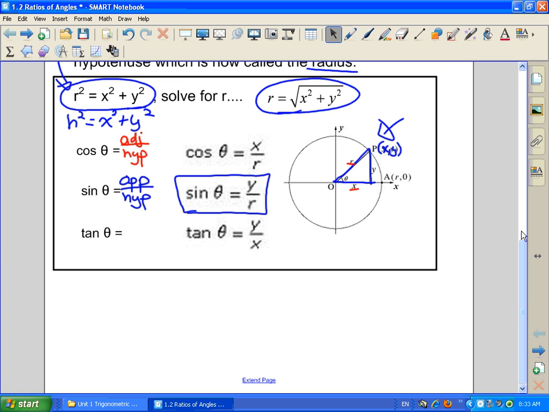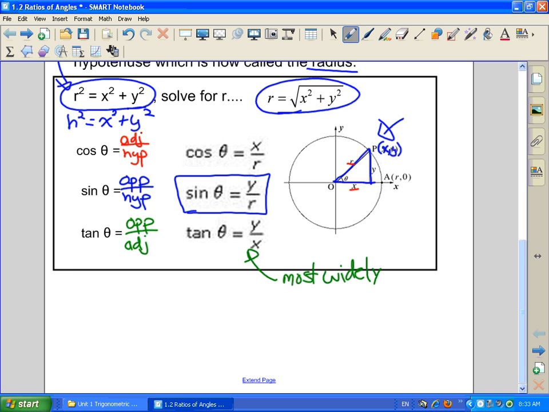And lastly, ladies and gentlemen, your tangent ratio, which is your opposite over your adjacent, gives you tangent theta equals y over x. And in industry, ladies and gentlemen, this is the most widely used. If you're ever into construction or building a ramp or any type of roofing, you're going to be using the tangent ratio a lot to help you do some calculations.